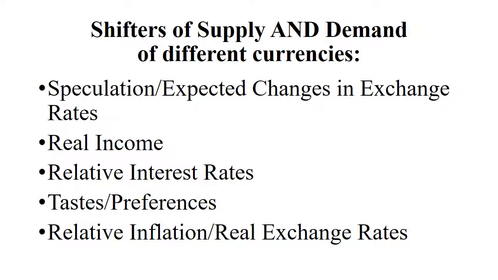And then the relative inflation rate is all about the idea that exchange rates are just one thing. I know how many pesos my dollar buys, but I don't know if there's inflation in Mexico. Because if prices are going up rapidly, then yes, my dollar might buy so many pesos today, but that might change during the course of my trip, and that will impact the value of how much I can buy elsewhere too.